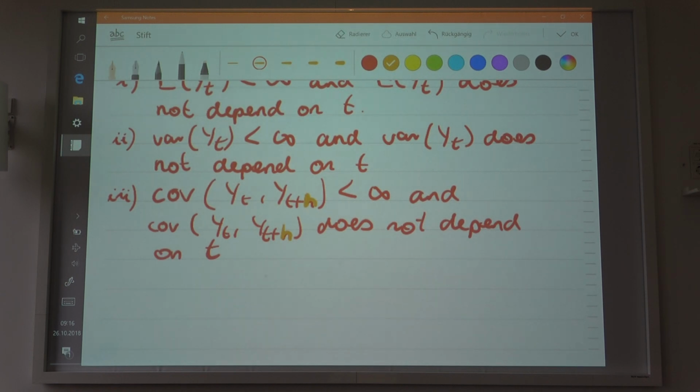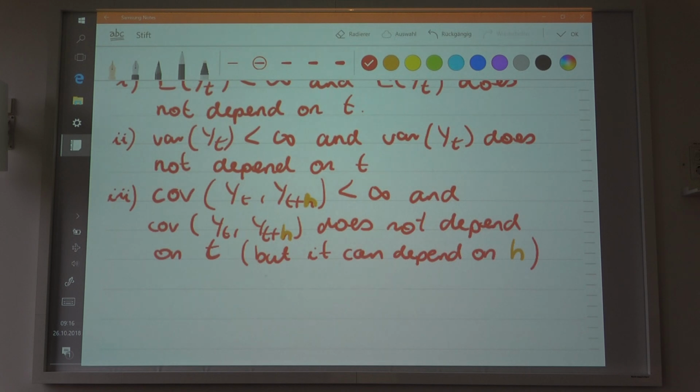I've used parentheses to note this, but it can depend on the time lag h. So basically, it means that the process can be serially correlated, but it's not necessarily the case.